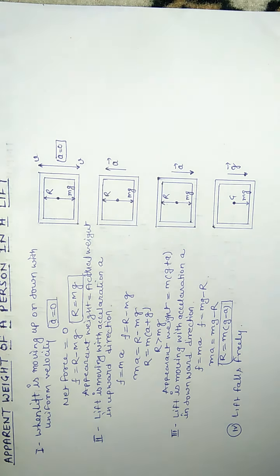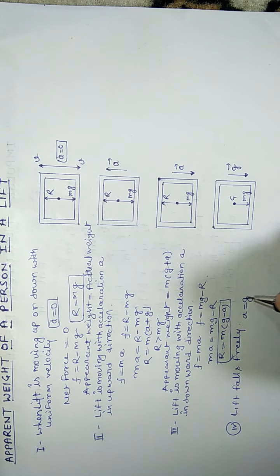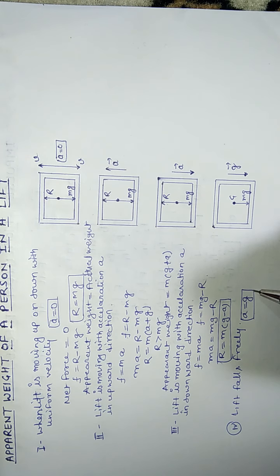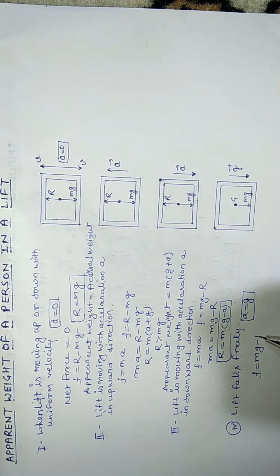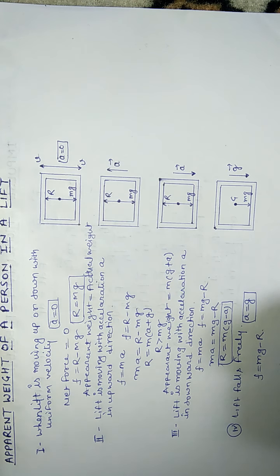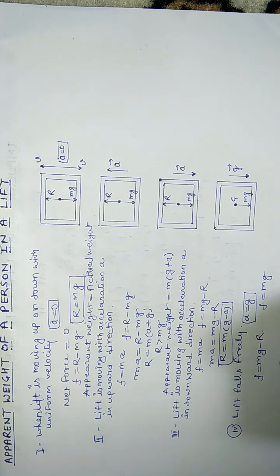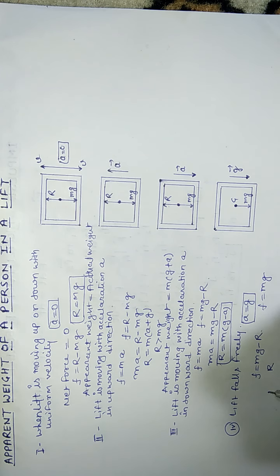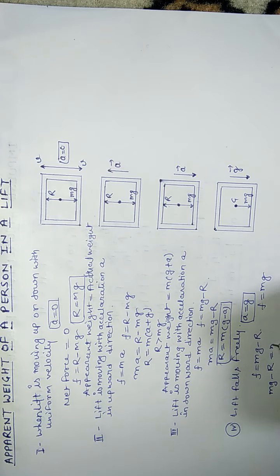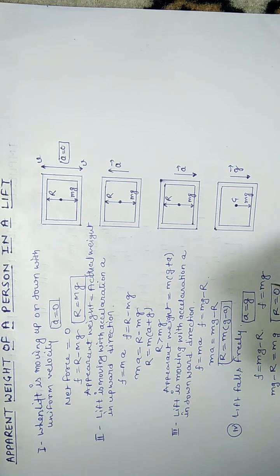When the lift falls freely, the acceleration becomes equal to acceleration due to gravity, and the force F is equal to mg minus R, or F is equal to mg. Equating these two equations we will get mg minus R is equal to mg, or R is equal to 0.